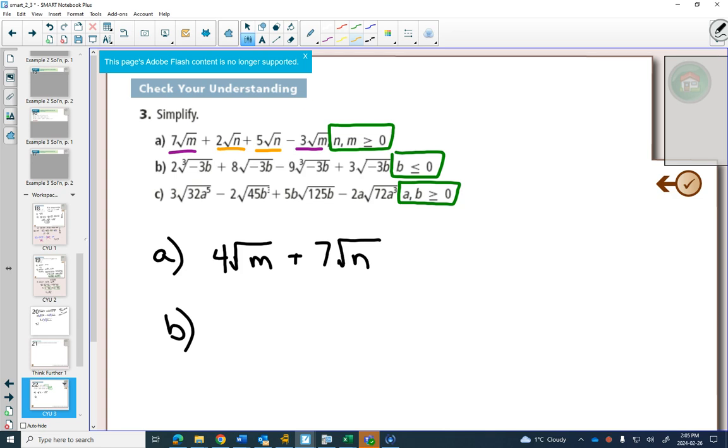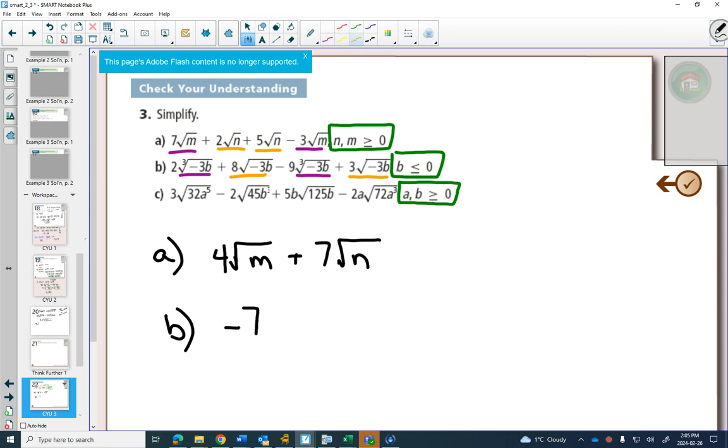But I have to notice that in order for them to be like terms, not only does the inside have to be the same, but the index has to be the same as well. So those two are like terms, and these two are like terms. So putting the purple ones together, I have 2 cube roots minus 9 cube roots.